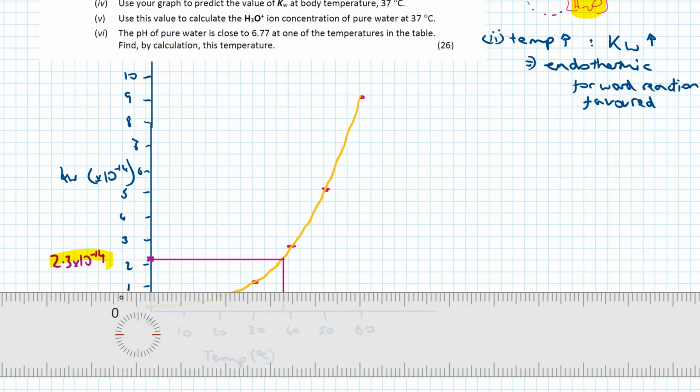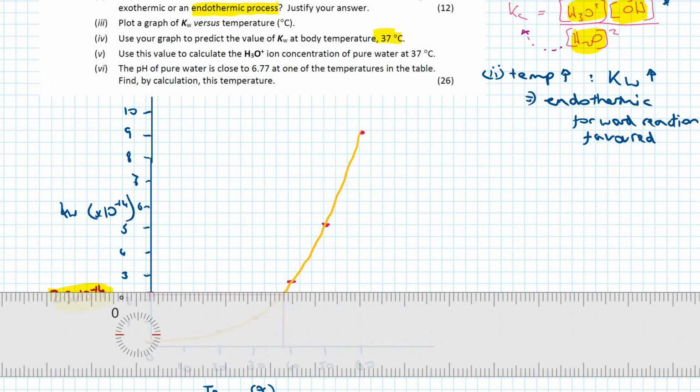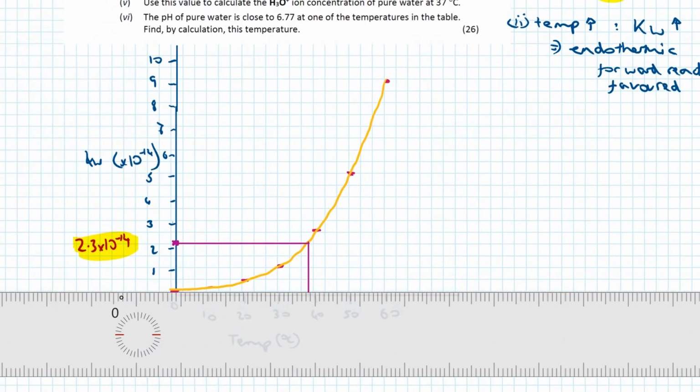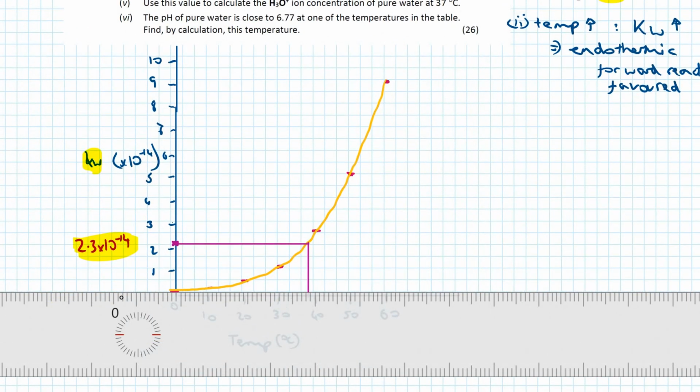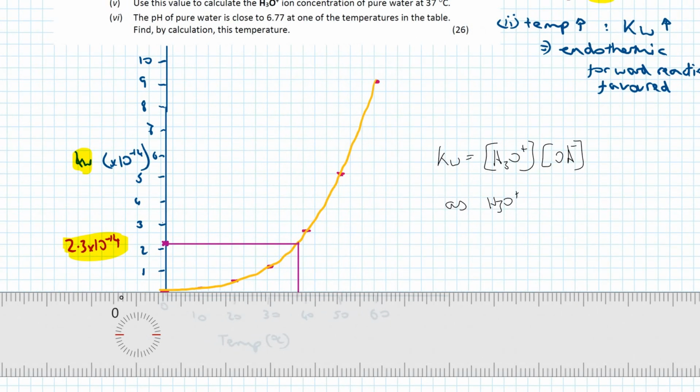The next question we're asked, that's the 37 degrees. Use this value to calculate the hydronium ion concentration of pure water at 37 degrees. So that's what Kw is. Kw is equal to H3O plus times OH minus. But we know that H3O plus equals OH minus.